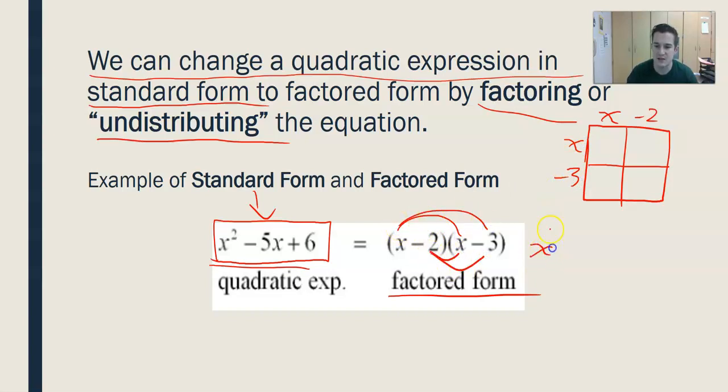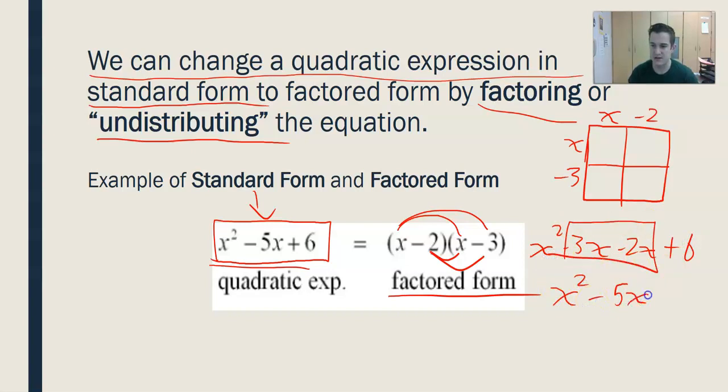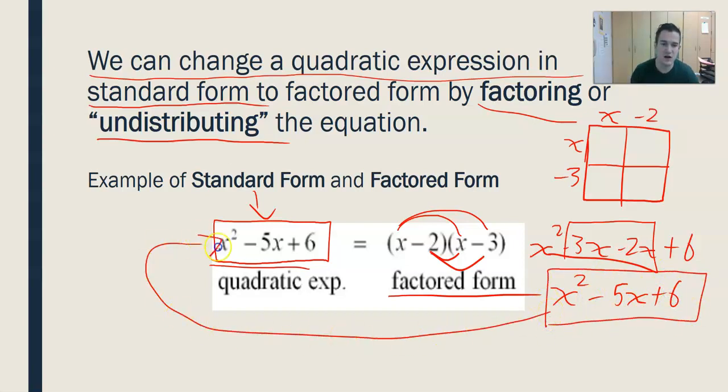So I get x squared minus 3x minus 2x plus 6. And then I can combine these x's together and I get x squared minus 5x plus 6. So these are equivalent expressions. They're exactly the same, just one is factored and one is in standard form. One is undistributed, one is distributed or multiplied together.